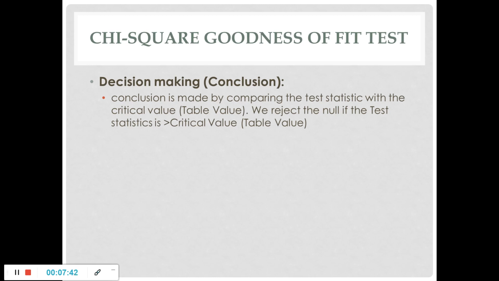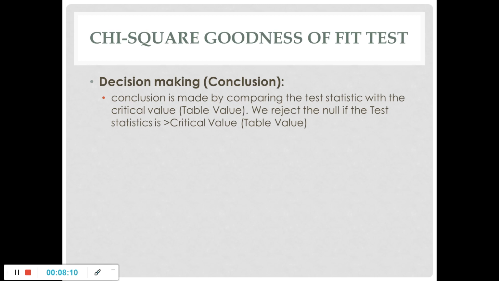Like that, here also we need the degrees of freedom. You should know the degrees of freedom and the level of significance. These are the two pieces of information that you need to find the critical value for this goodness of fit test.